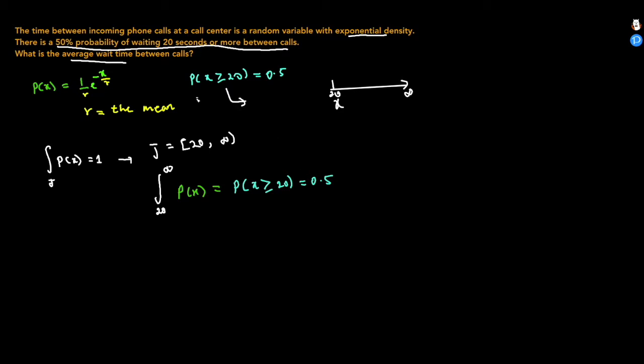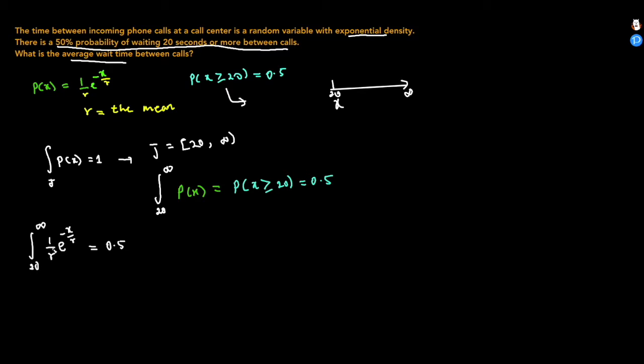Now we just replace p of x with our function, so we get the integral from 20 to infinity of 1 over r e to the minus x over r equals 0.5.